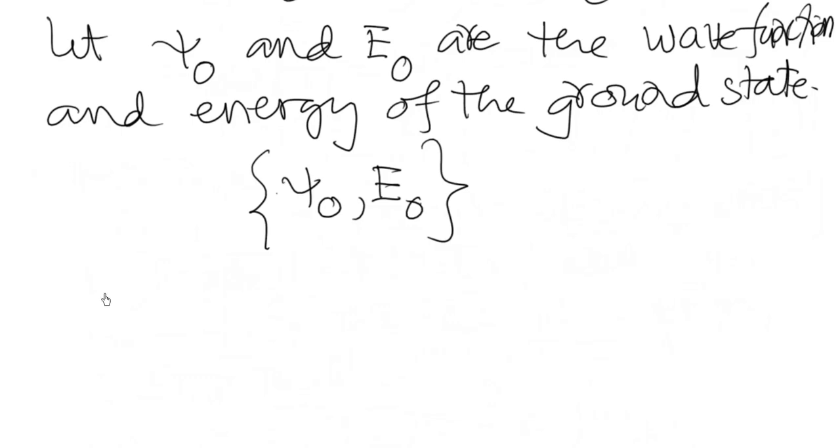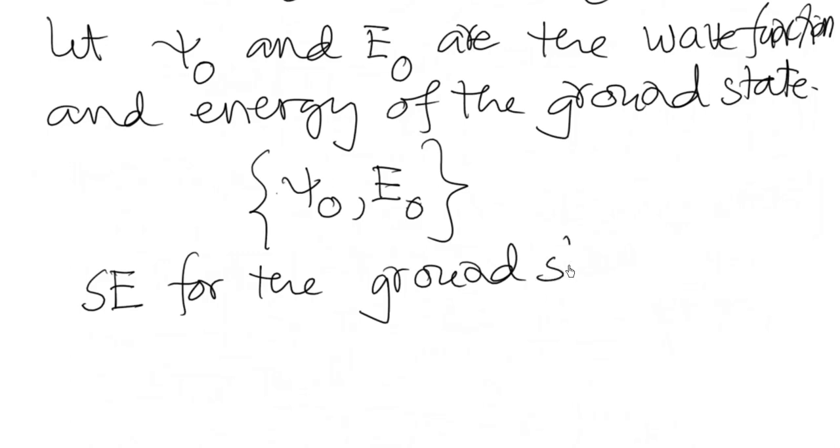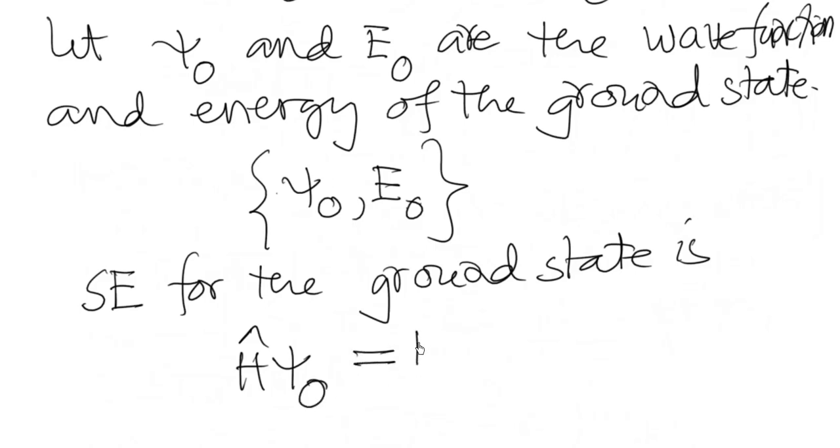We can write down the Schrodinger equation for the ground state, and from there we can find out the ground state energy. So a minus psi naught equal to zero, and H psi naught equal to E naught psi naught.